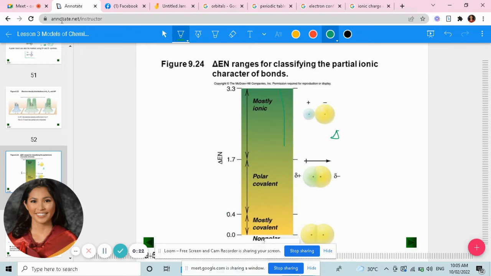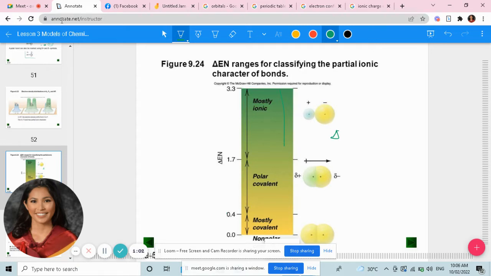And if we have 1.7, that is polar, and mostly if it is above 1.7, then that is ionic.